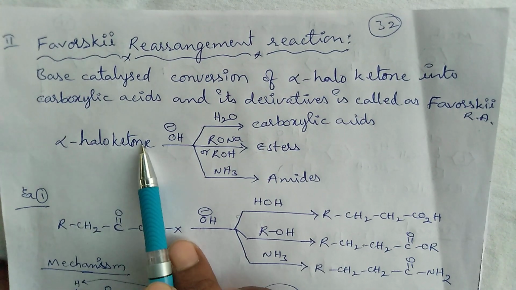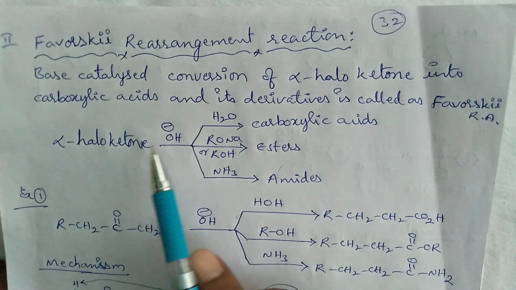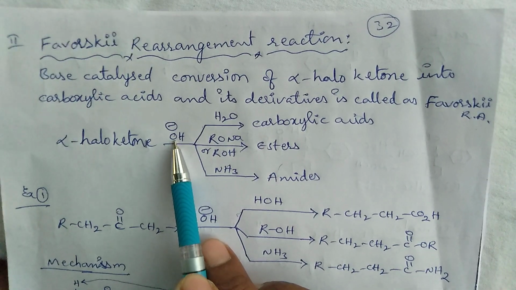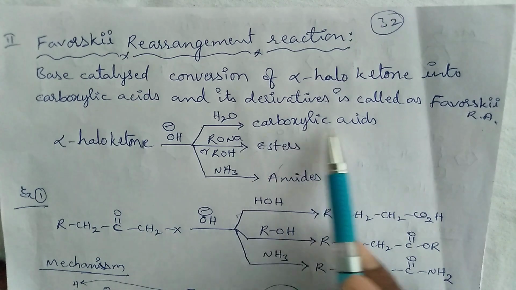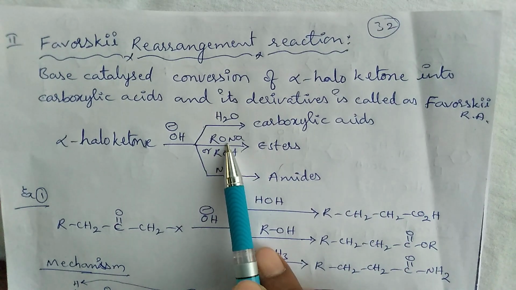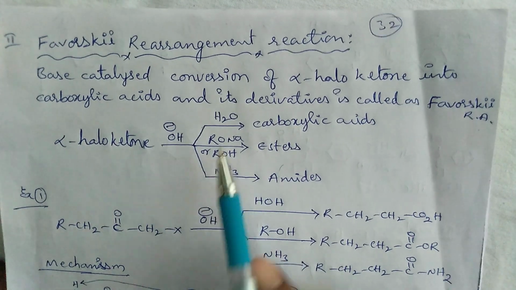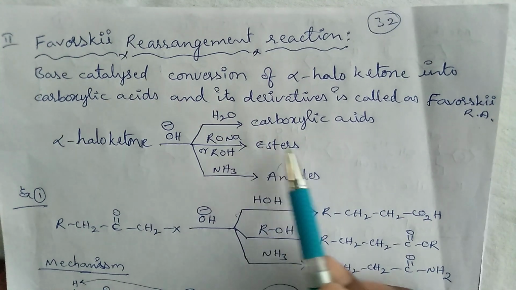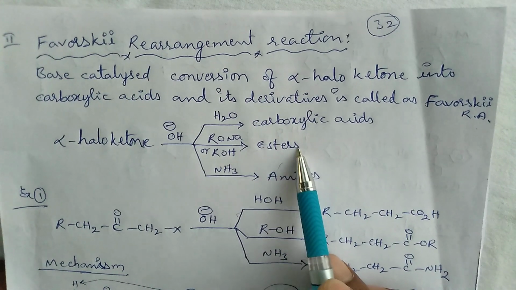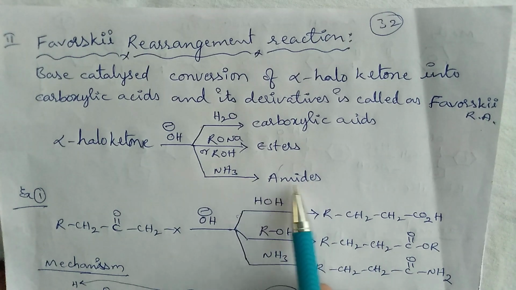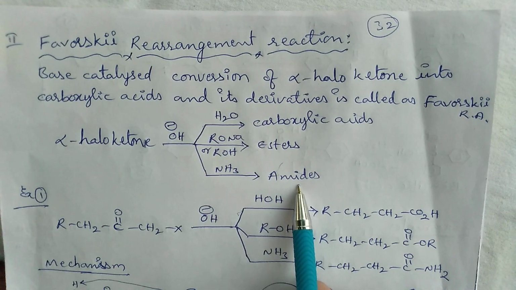When the alpha haloketone is treated with bases followed by hydrolysis, it produces a carboxylic acid. When it reacts with sodium alkoxides, the resulting product is an ester. When it is treated with ammonia, finally it gives amides.